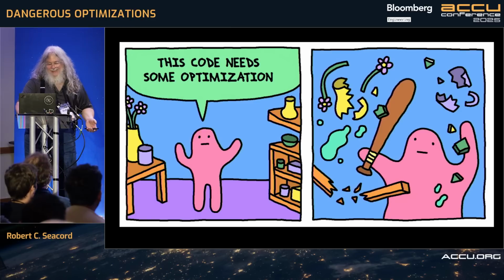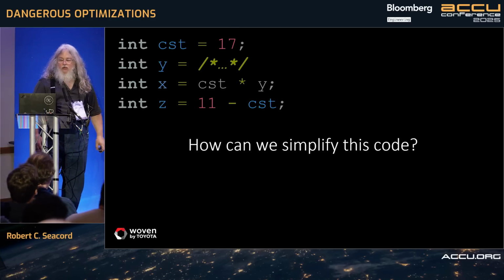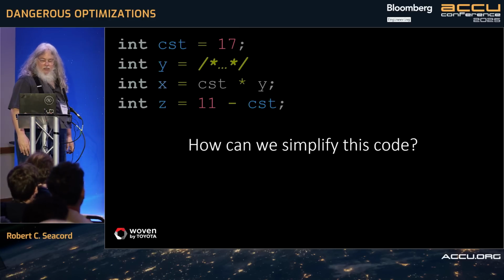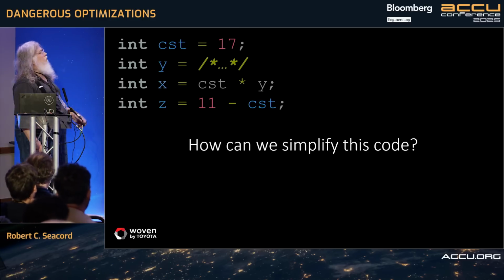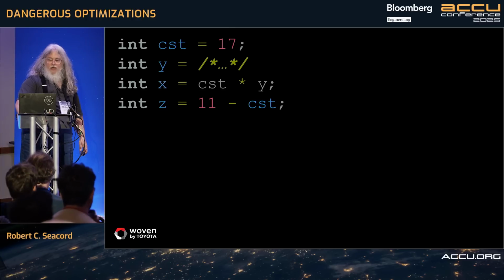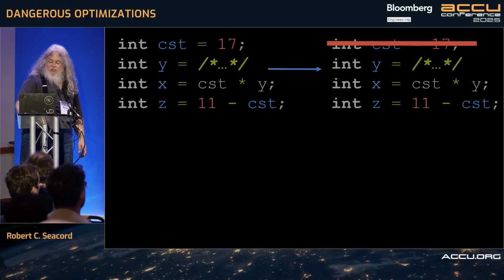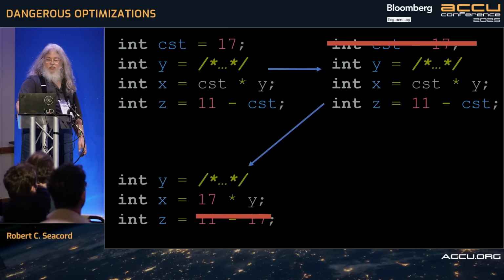Okay. So a very simple optimization is called constant folding. Here we see a few lines of code, very simple, nothing much going on. So how can we simplify this? Well, the first thing is we don't really need the constant there, so we can just get rid of that line, that register, that memory location, and we'll just substitute that value directly into the instructions.